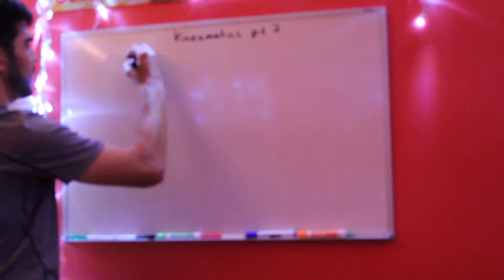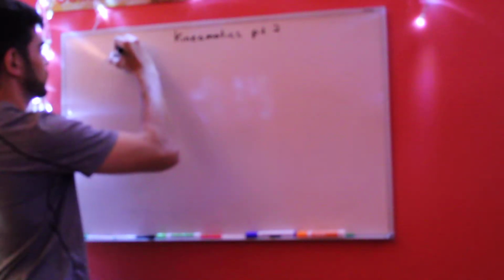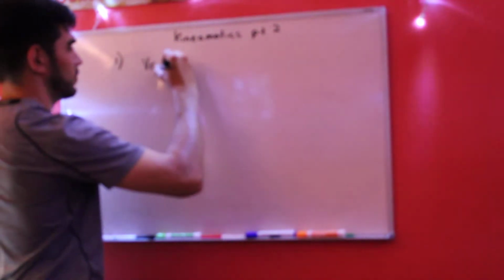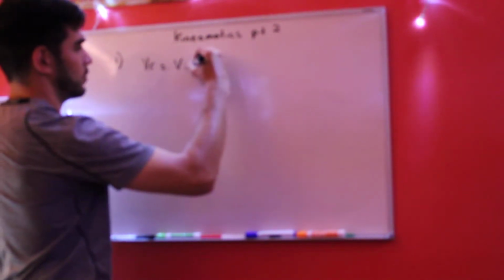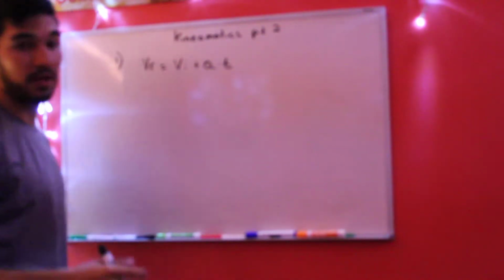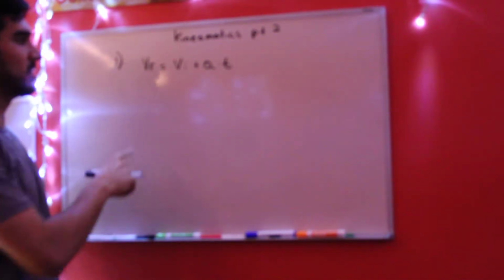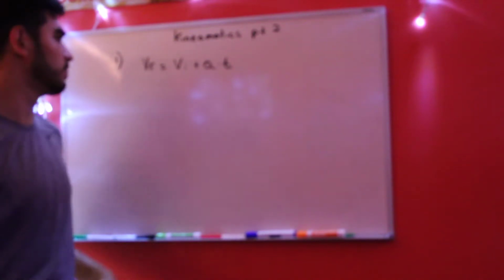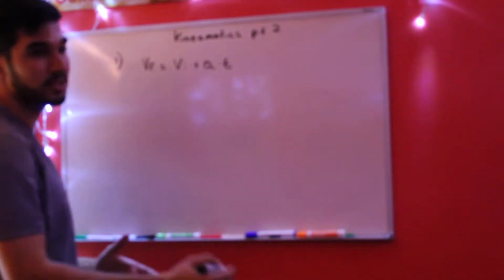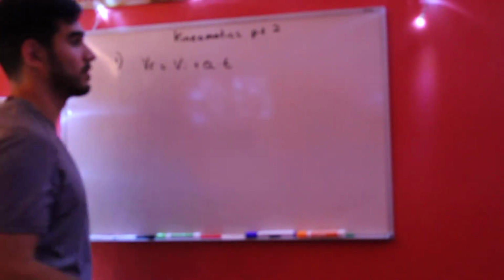So, our kinematic equations. I'm going to say that the first one is velocity final equals velocity initial plus acceleration times time. Now, to me, this is one of the simplest ones. It has 4 variables, not a whole lot going on here. And if you rearrange it, it actually looks exactly like our acceleration formula.